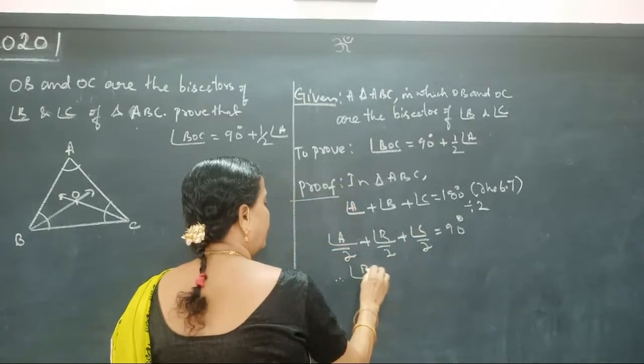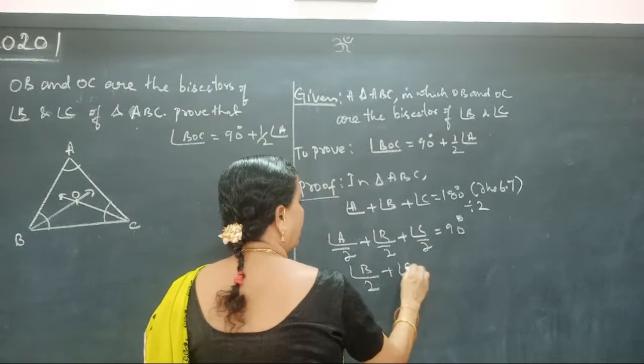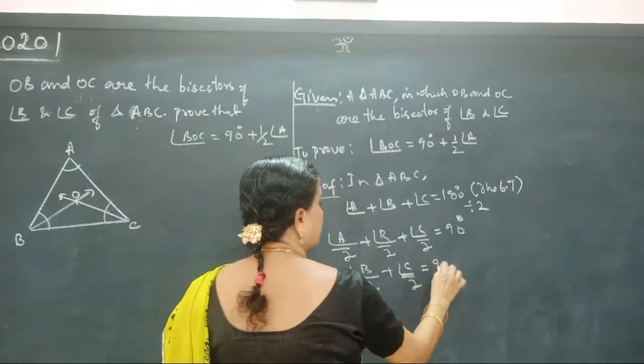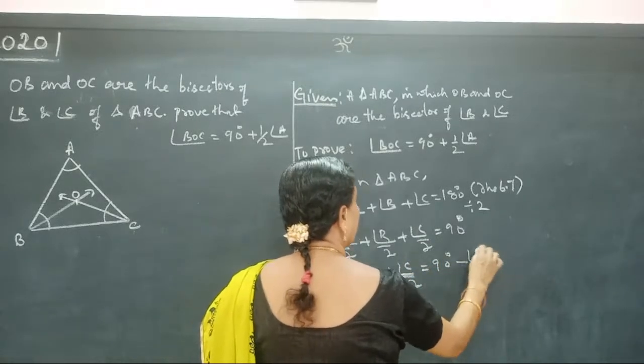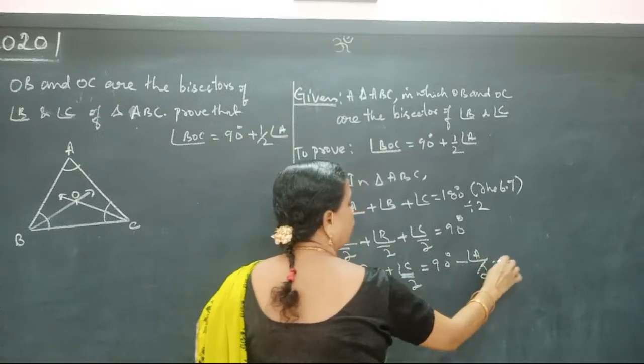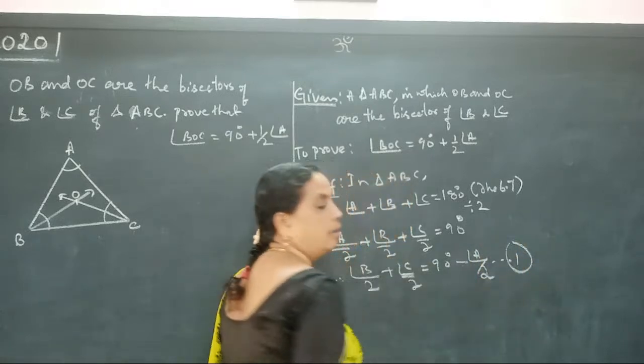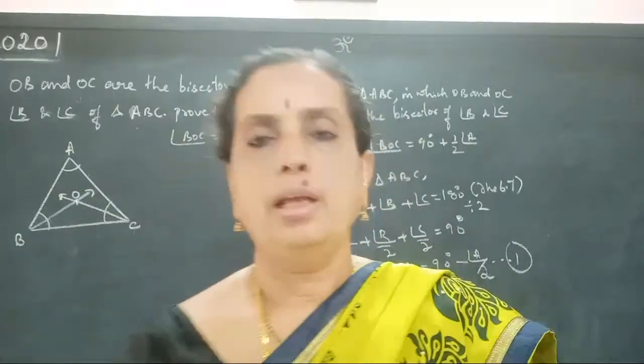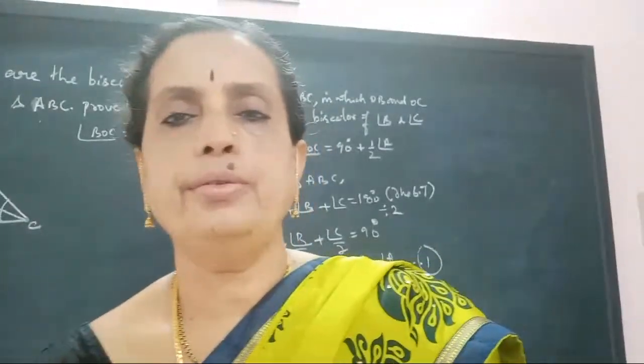Therefore, angle B by 2 plus angle C by 2 equals 90 degree minus angle A by 2. Take it as result 1. Again, I'll continue the steps.